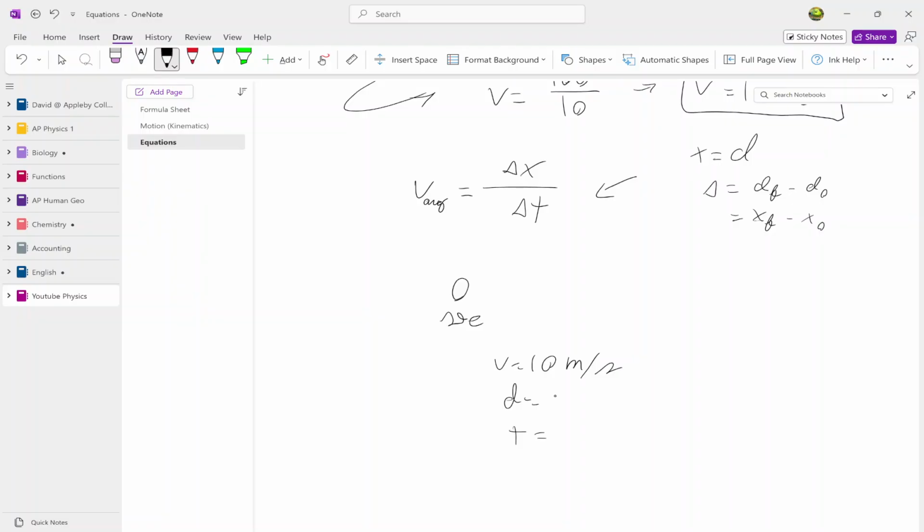Let's just say 20 meters and 2 seconds. There we go. So 2 seconds, 20 meters. This is my final time right here, t final, and this is my t initial. So 2 minus 0 just equals 2.